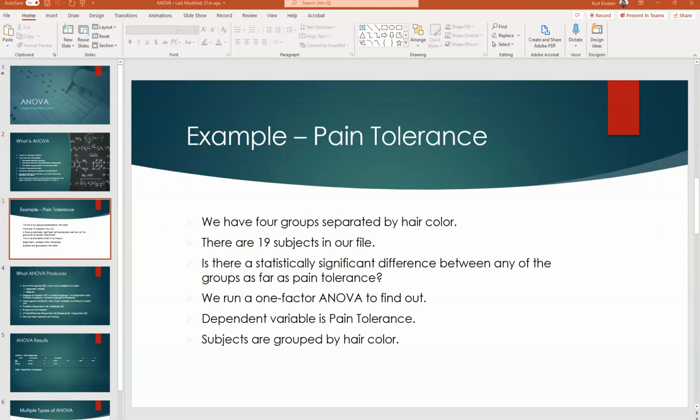So if we are looking at light blonde and light brunette, there's going to be a difference in the average variability across both of those groups. And that's another type of variability. The variability is important because that's a lot of what we track in ANOVA. We're calculating the means, we're comparing the means, but we're doing it in a way that takes a real close look at the amount of variability that we're able to track in our experiment.